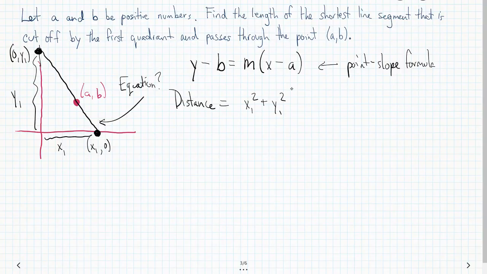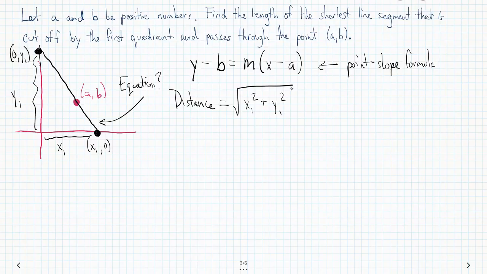But we don't have distance squared, we have a square root going on there. Now the problem is we don't know what x1 is. We don't know what y1 is. And we have just an a and a b, and that's pretty much all we're working with here.